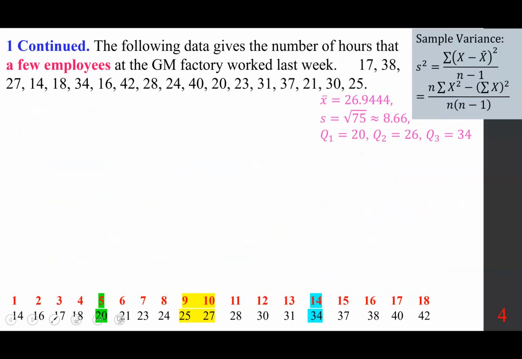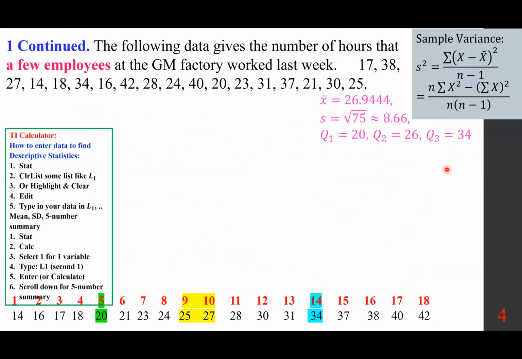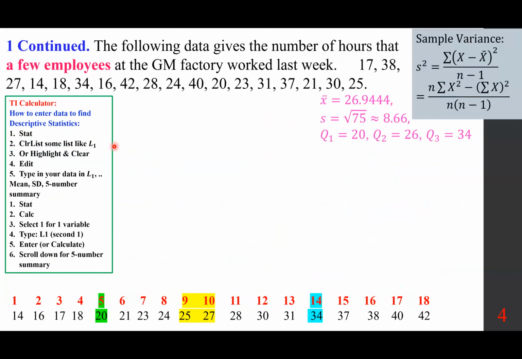So we have all the data, we have all the calculations in essence by hand, okay? You can use technology as long as you understand the concept, class. So for example, if I want to use TI, the very first thing is I want to enter the data. To enter the data, I'm going to clear one of the lists, for example, L1.